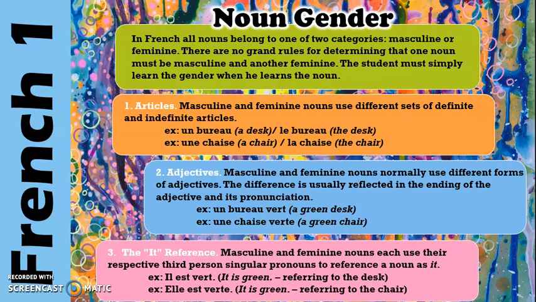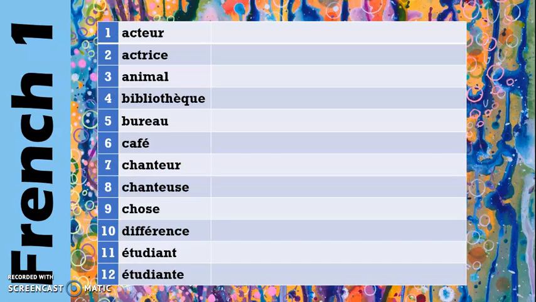So I'm going to say elle est verte, meaning it is green. So you can see it's going to make a difference as to which word you use for it. Il for masculine nouns, elle for feminine nouns. All right. Wow. Who knew that noun gender could be so exciting? All right, let me move on here.